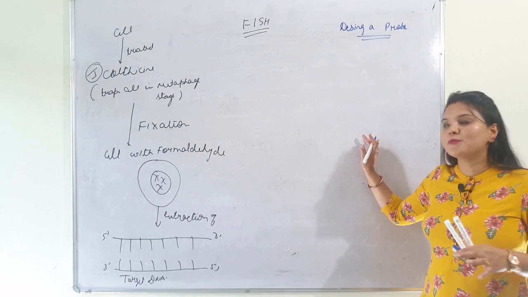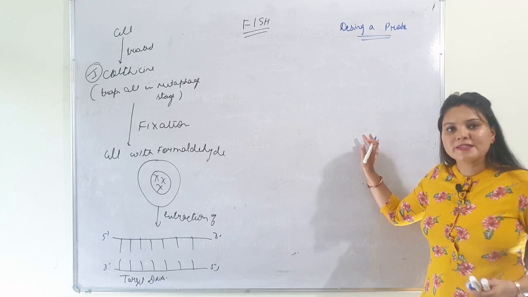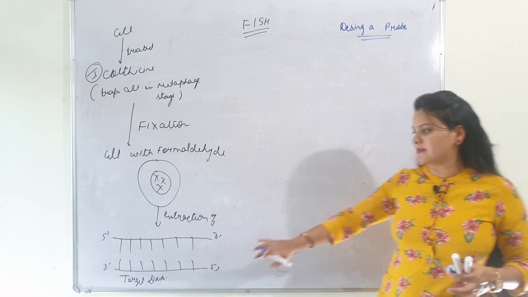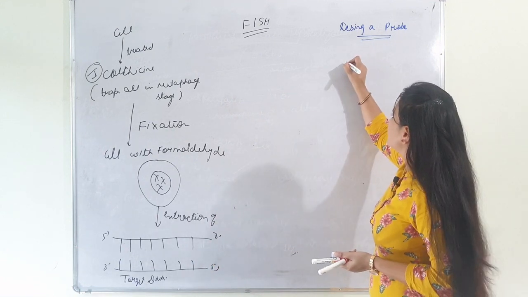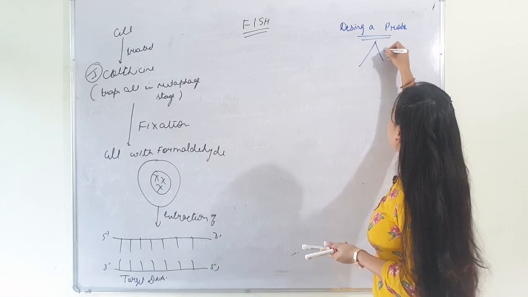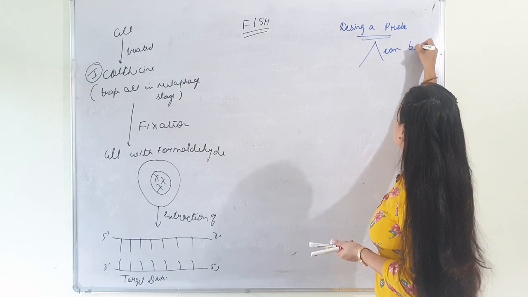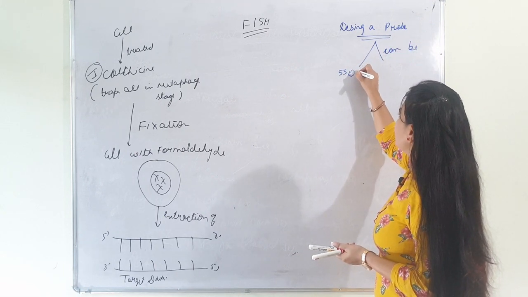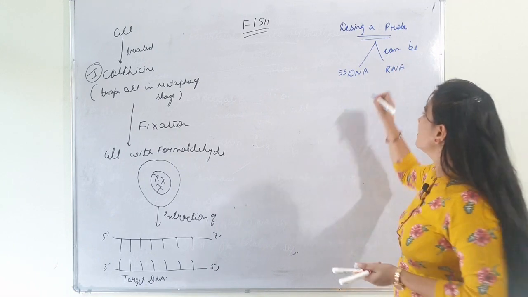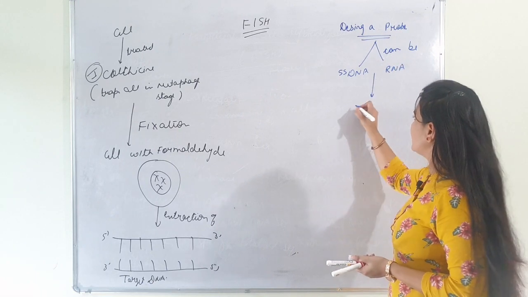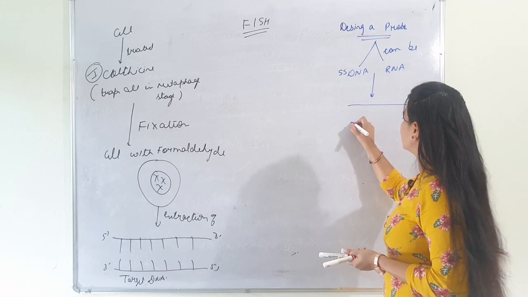First of all, the probe used in FISH must have a complementary sequence to that of the target DNA. So, the probe can be single-stranded DNA or RNA. If we are using DNA, then this is DNA.